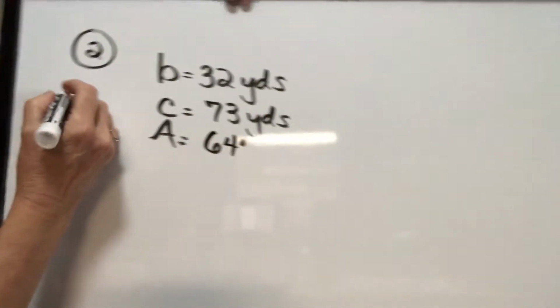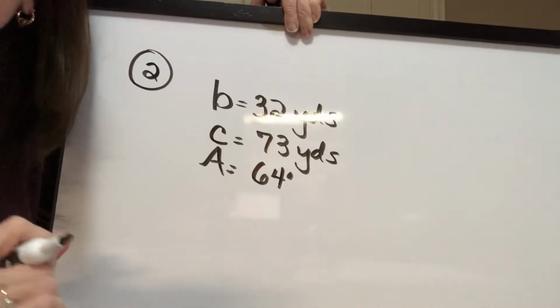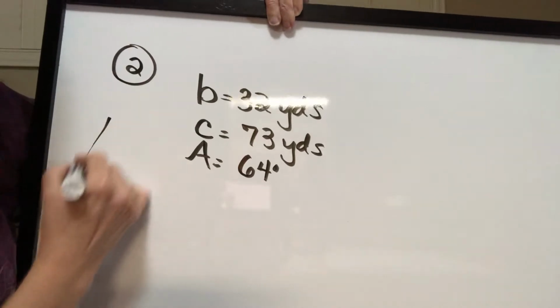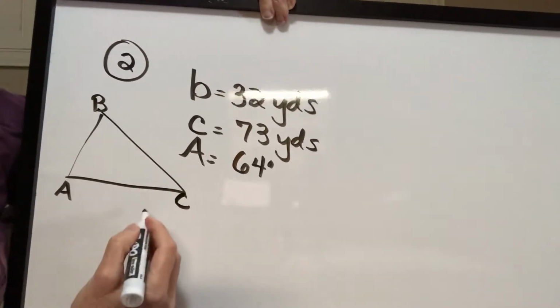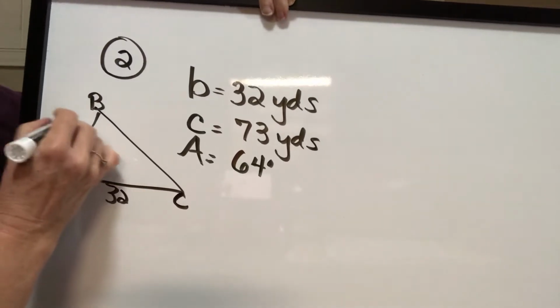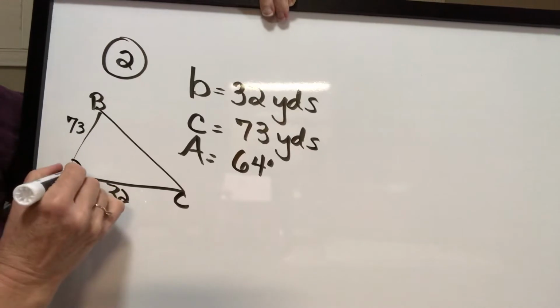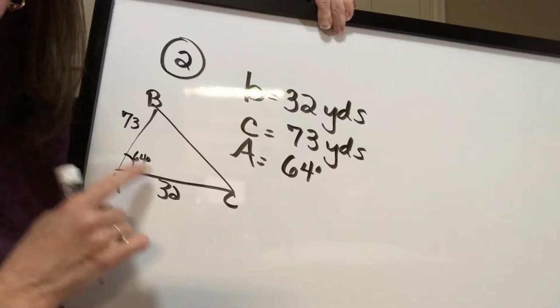Okay, so just a real quick check. If I were to make a little sketch, I want to make sure it is side angle side real quick. So B would be 32, C would be 73, and A would be 64. So yes, this one is side angle side as well.